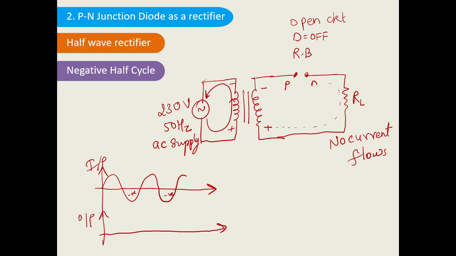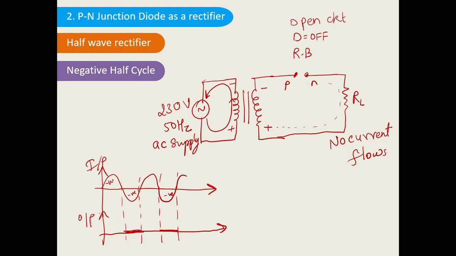So the output waveform is zero for the negative half cycle.